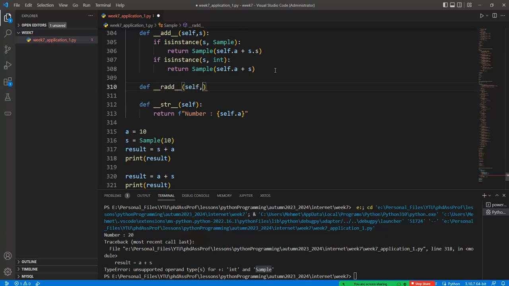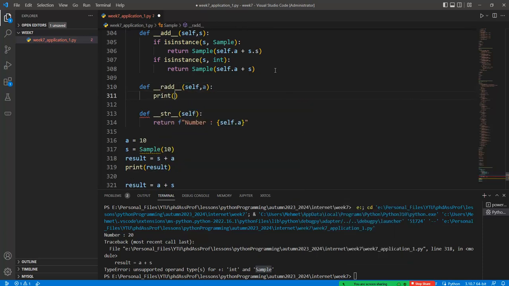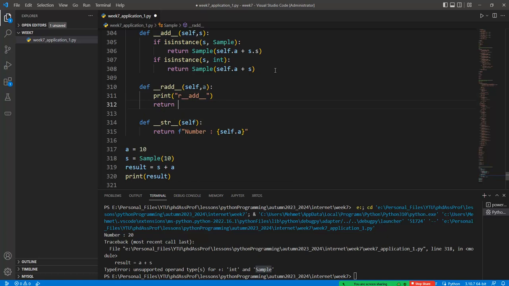The self and a, and we can print the __radd__ function like this one, and we can return Sample of self.a plus a, okay?